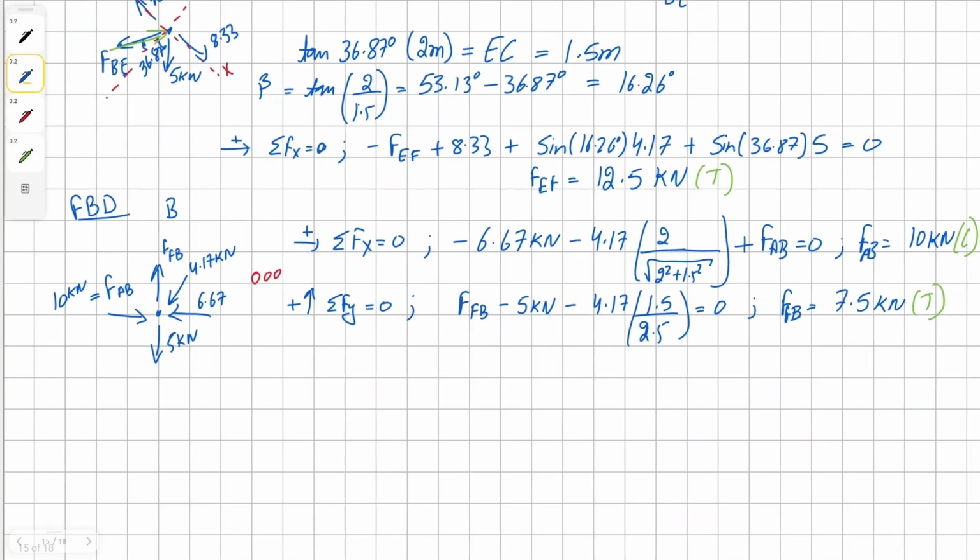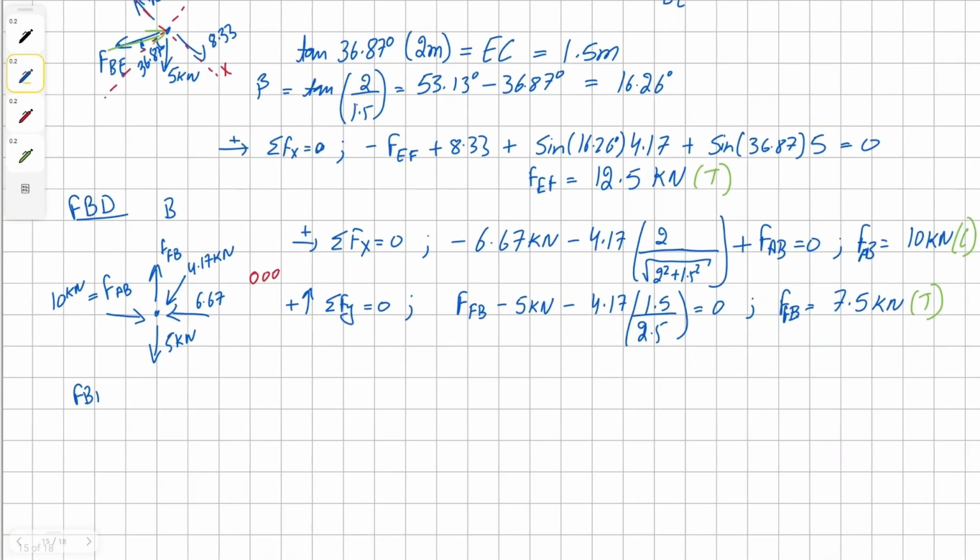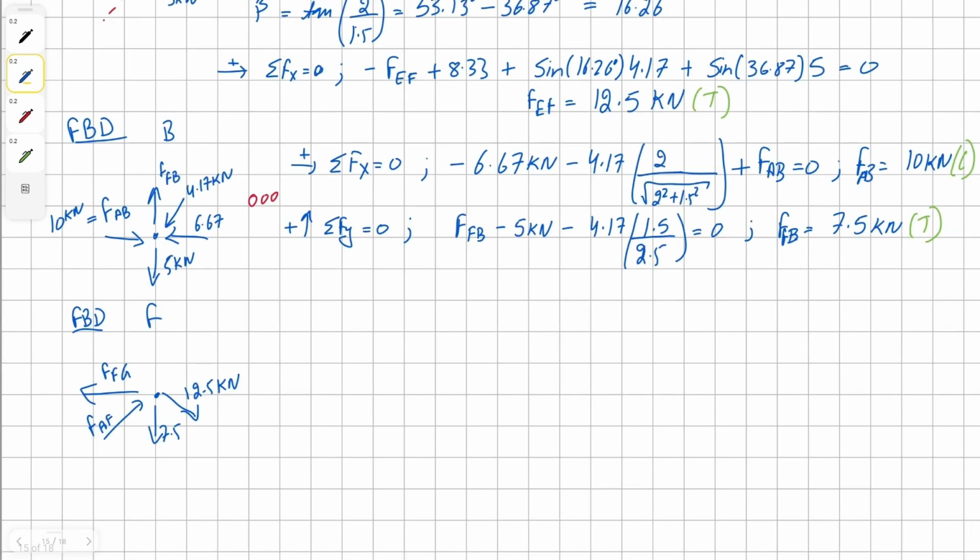Now we can go to our joint F and draw its free body diagram. Here we have two unknowns, force FG and force EF. We can sum the forces in y direction in order to find our solution for force EF.